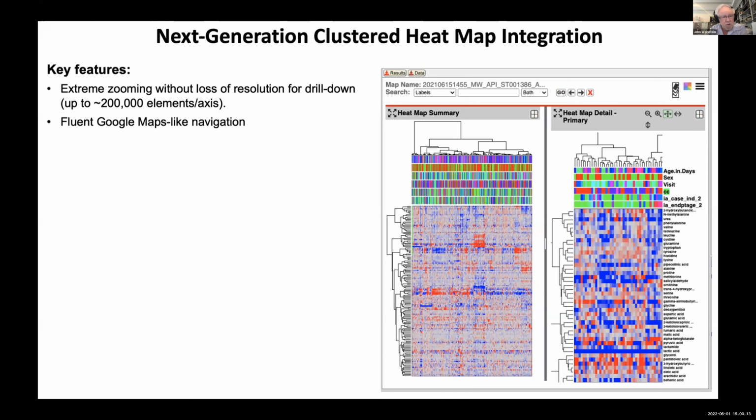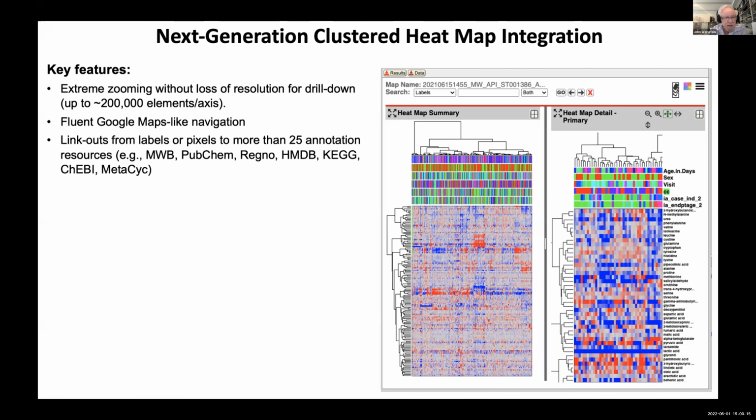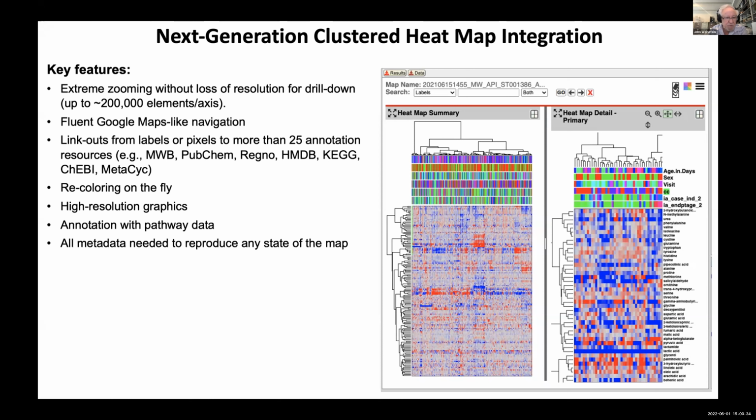Fluent Google Map-like navigation, link outs, as I said, to many different resources, including the ones listed here for metabolomics, as well as other omic disciplines, recoloring on the fly, high resolution graphics that meet the criteria of all of the major journals, annotations with pathway data, and then the saving of all metadata needed to reproduce any state of the map.